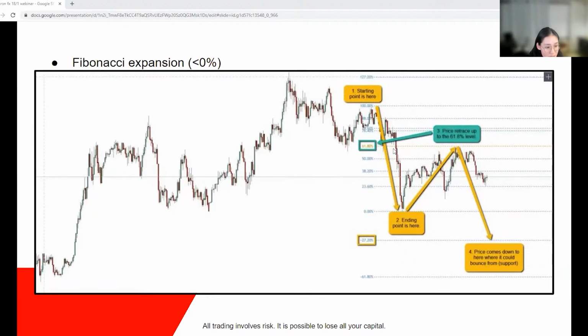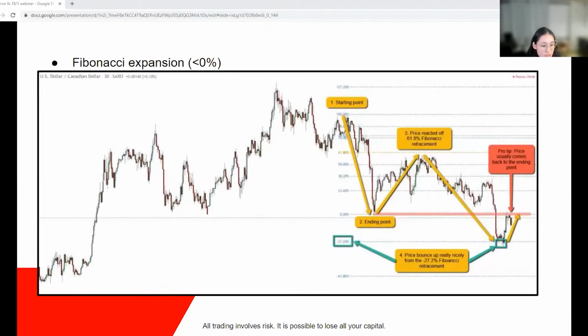We expect price to retrace back up to this 61.8% level because price has tested this level earlier, as you can see over here. It tested this level and then it reversed off. So we expect it to come back down to this negative 27.2 or even negative 61.8. I'll show you in the next slide how it actually plays out.